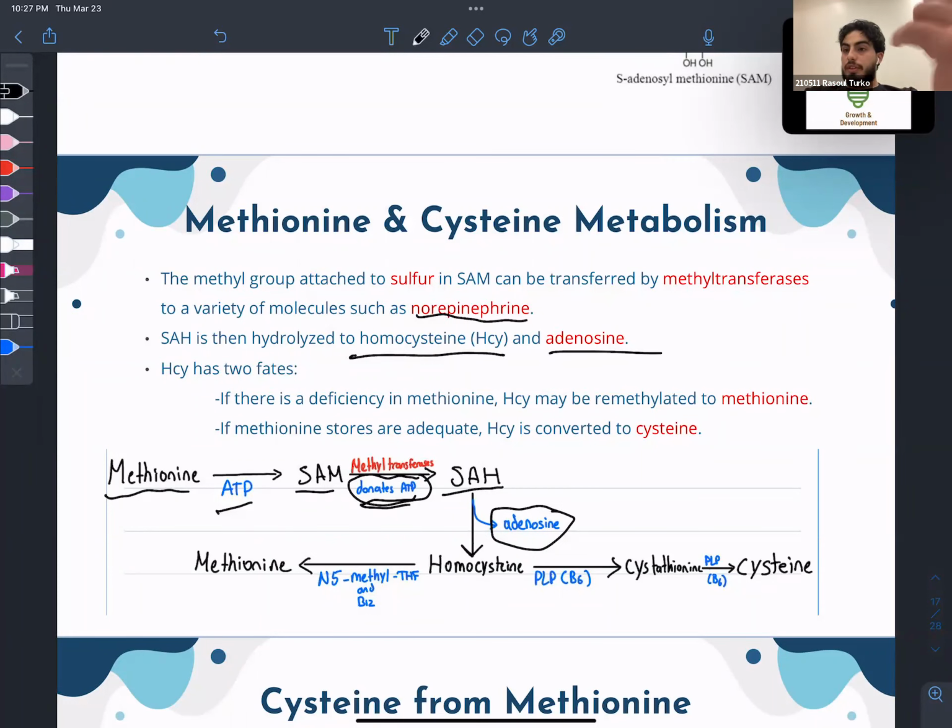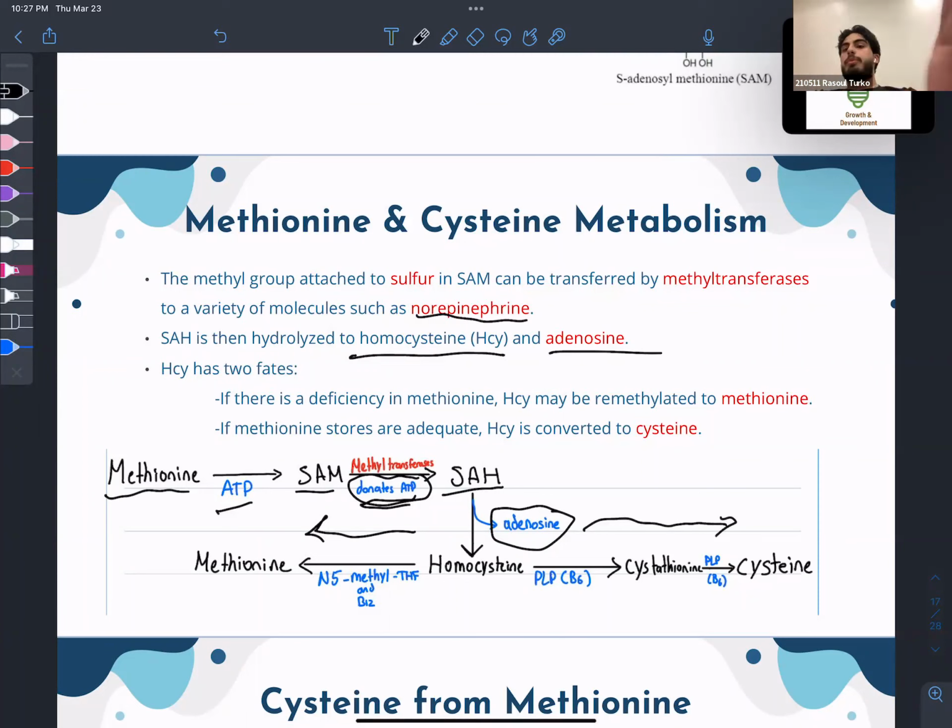The first pathway: if there's a deficiency in methionine, it goes this way and produces more methionine. If the methionine storage was adequate, it would go and produce another amino acid called cysteine.